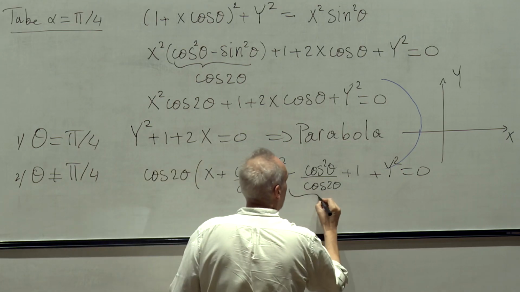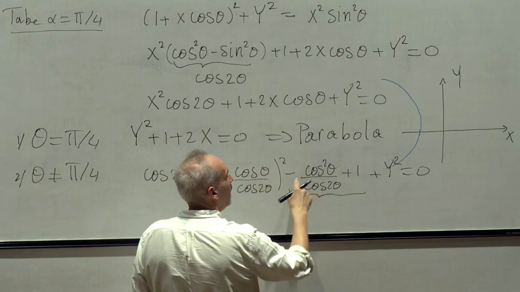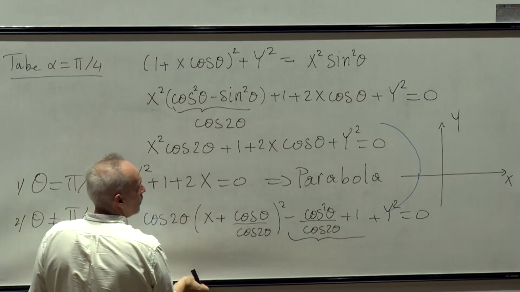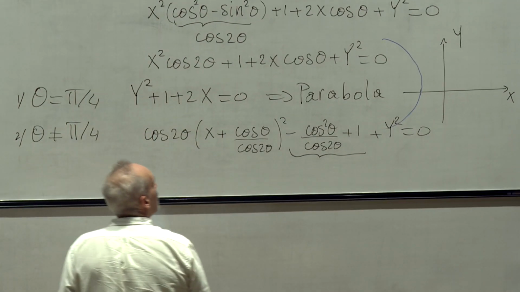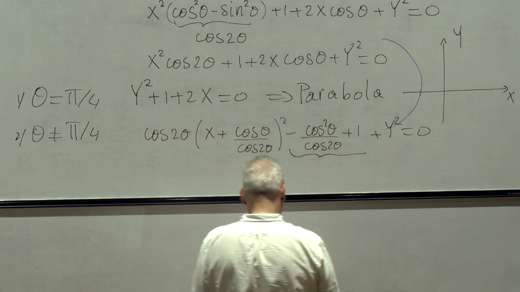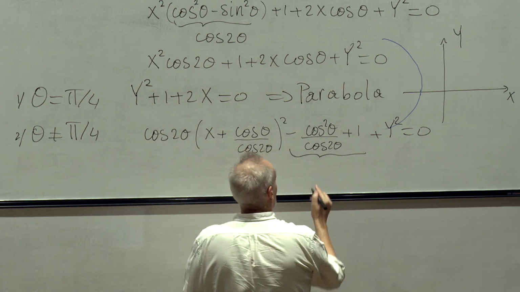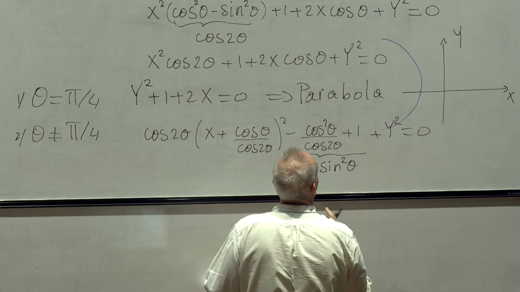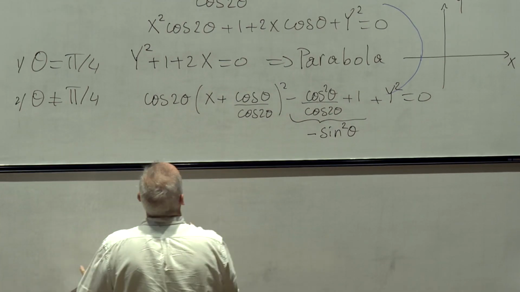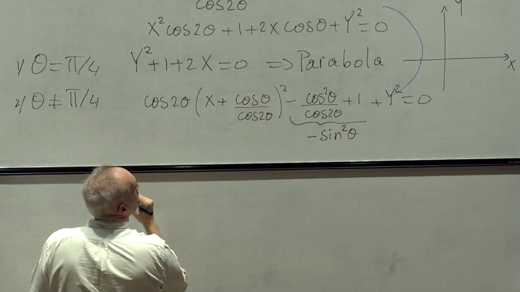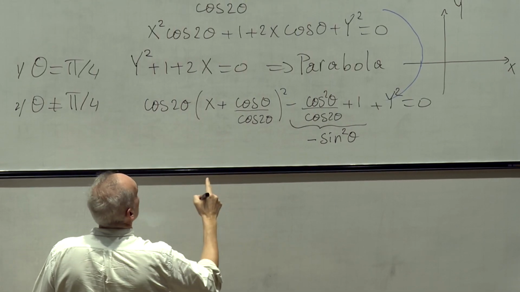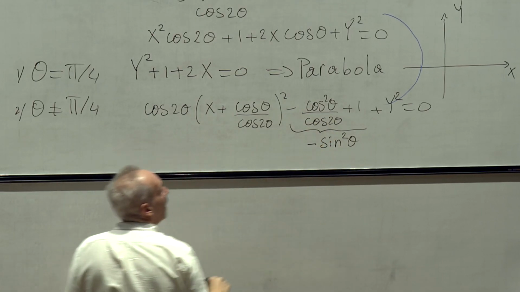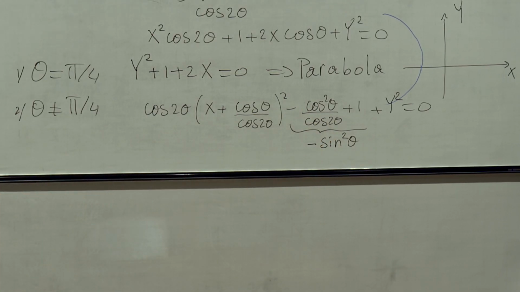But this guy here is cos 2 theta minus cos square theta, but cos 2 theta is cos square minus sine square. So I'm left with minus sine square theta. Okay, so that's the term that is by itself, without x and y.